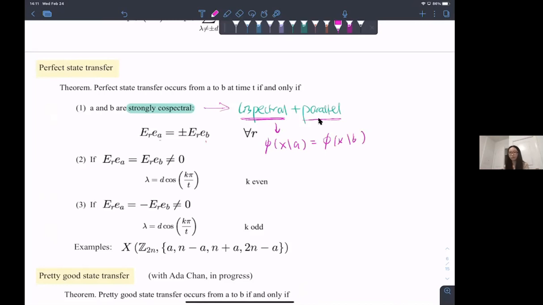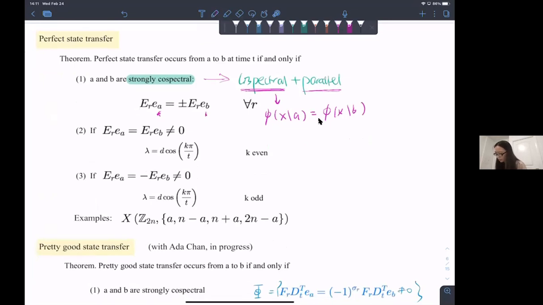And there are many combinatorial interpretations of this. For example, for cospectral vertices, the number of closed walks at vertex a with length L is equal to the number of closed walks at vertex b with the same length. So if two vertices do not have this property, then you cannot have perfect state transfer between them.